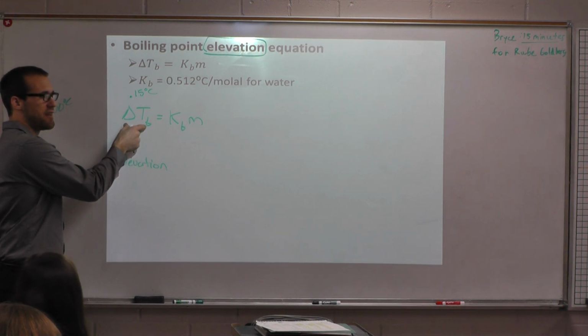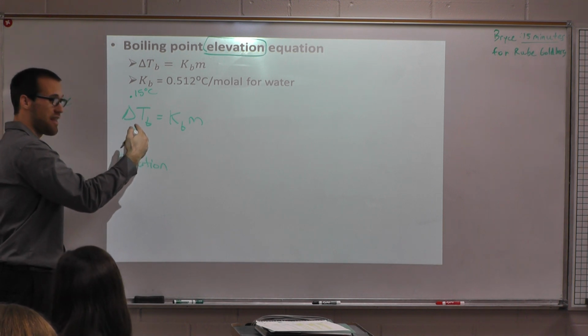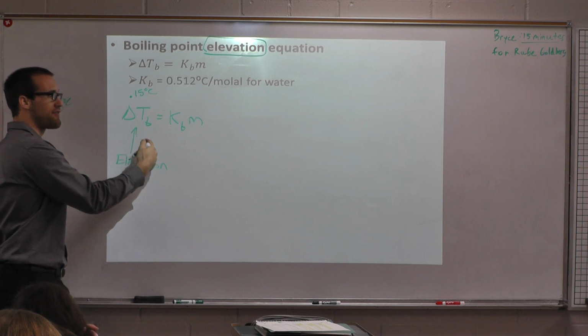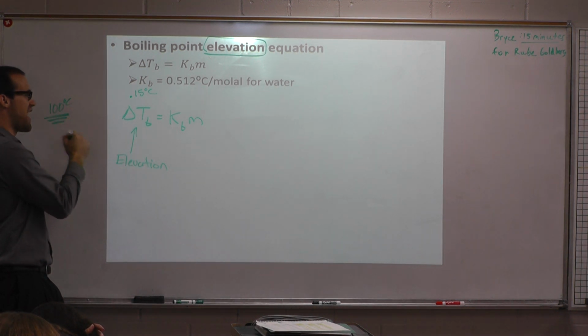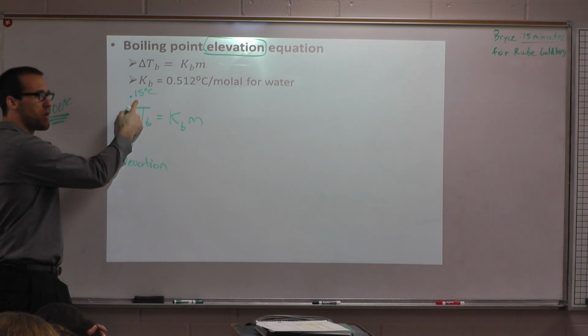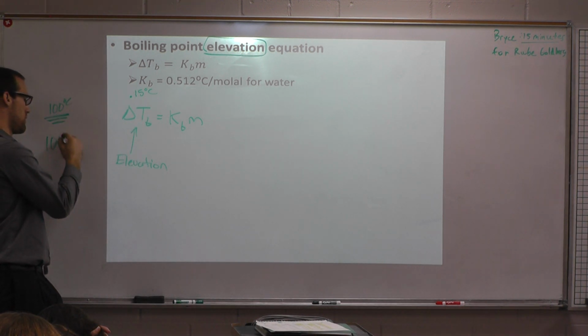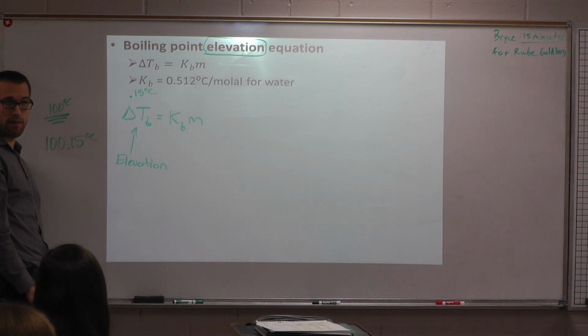This is the elevated temperature, or how much it got raised. It's not the actual boiling point of the solution. So water normally boils at 100 degrees. If I add a solute and it elevates 0.15, what is the solution's boiling point? That makes sense, everybody?